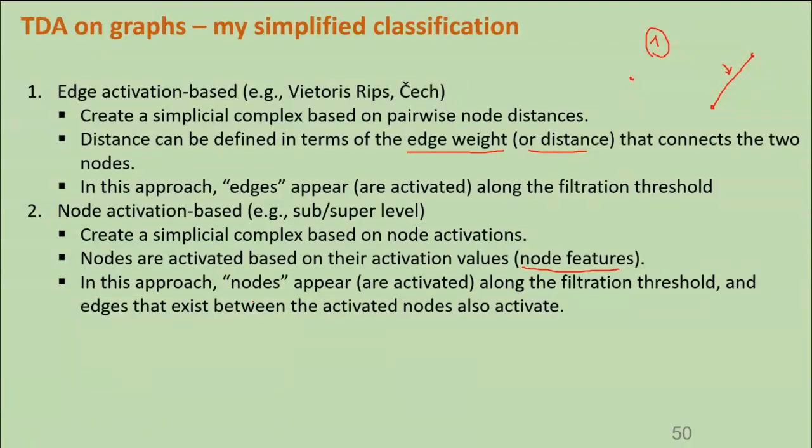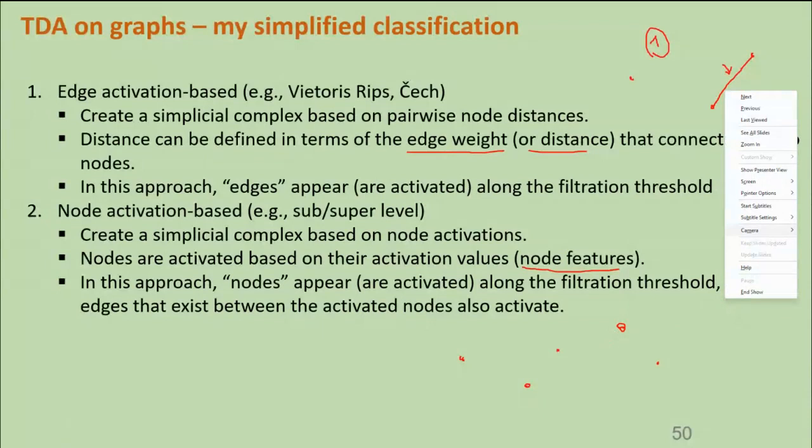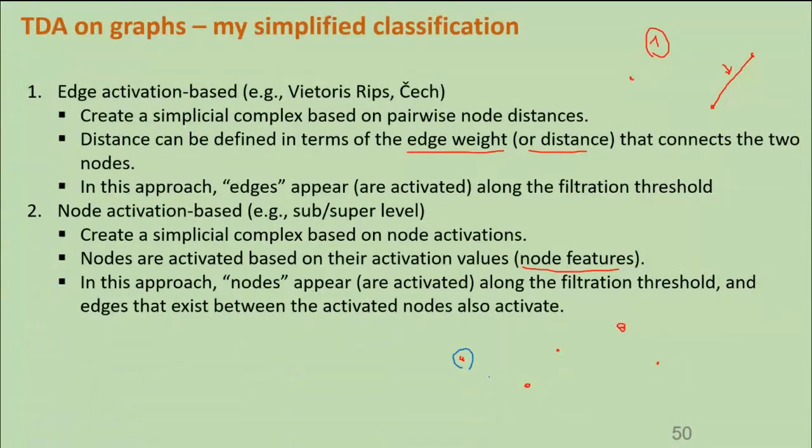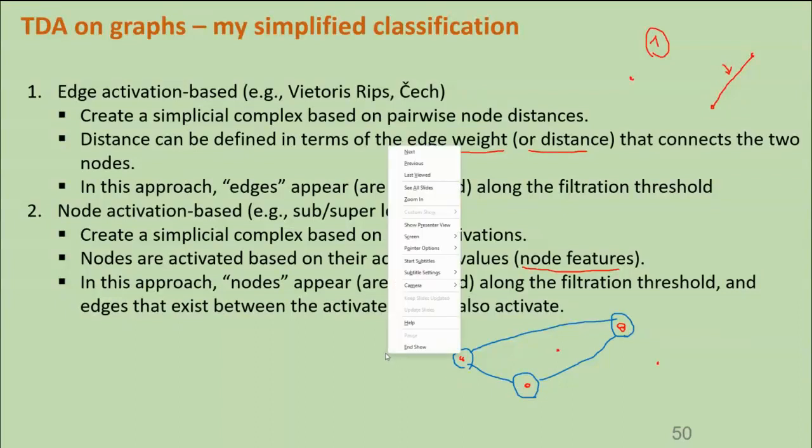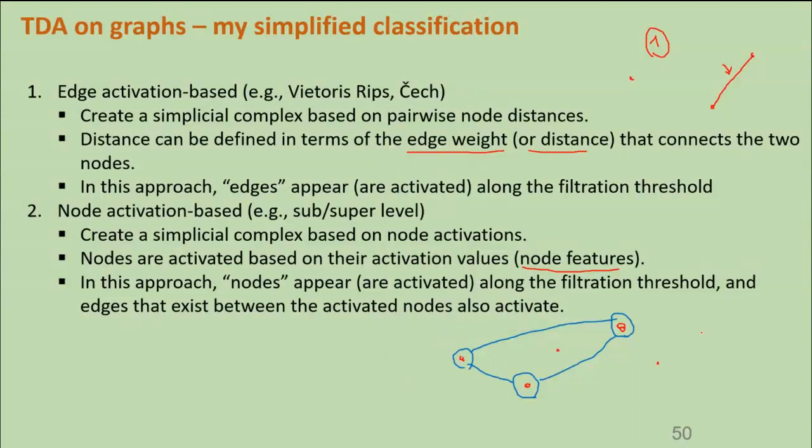In this node activation-based approach, nodes appear along the filtration threshold, and edges that exist between the activated nodes also activate. So in a sense, each time some of the nodes are going to be activated, let's say, I will change the color. Let's say this node and this node gets activated at one threshold. If there is an edge between them, it is also activated. If 3 nodes are activated, all of the edges between them are activated. So nodes appear and then edges appear between them.